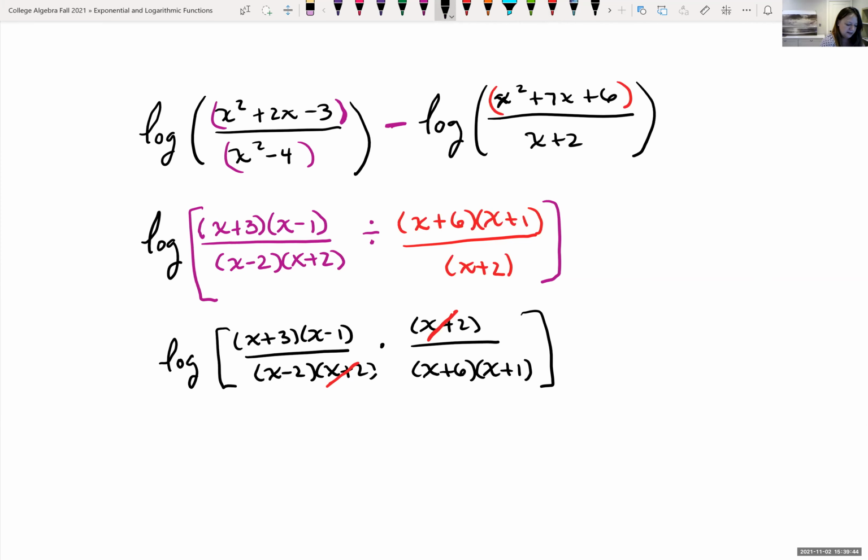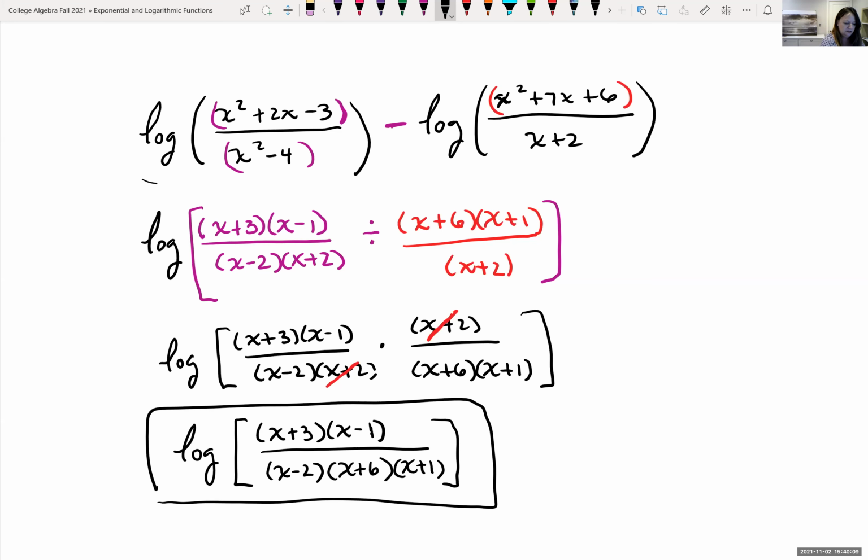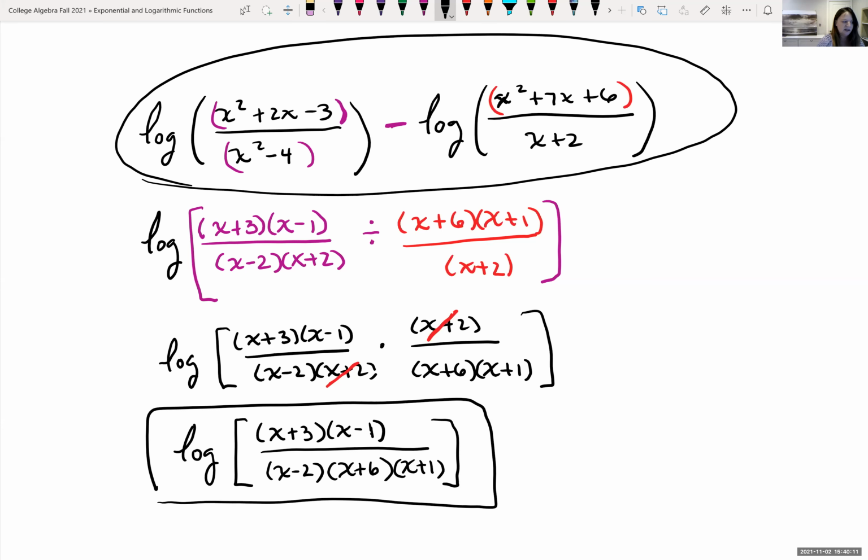And so we can rewrite this as log of our numerator, which would be just (x plus 3)(x minus 1), all over our denominator, (x minus 2)(x plus 6) all times (x plus 1). So we just rewrote this as a single log in simpler form.